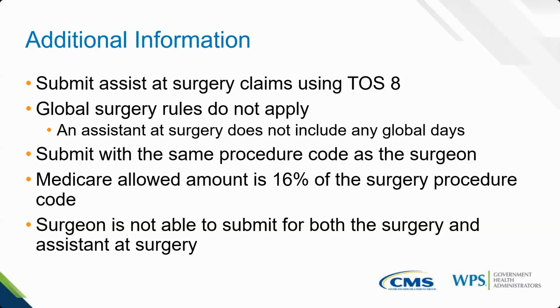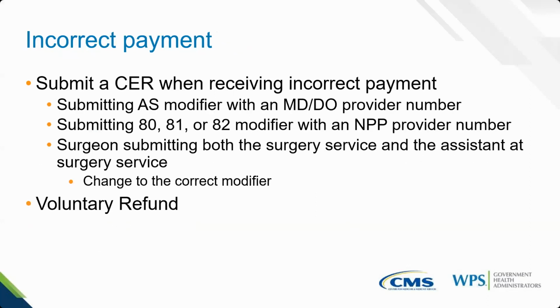We also encourage you to do self audits, and that's kind of talked about on this next page. If you see that you have received an incorrect payment, then you want to do a SIR or a clerical error reopening. And we give you the examples there. You're submitting the AS modifier when it's an MD or a DO.